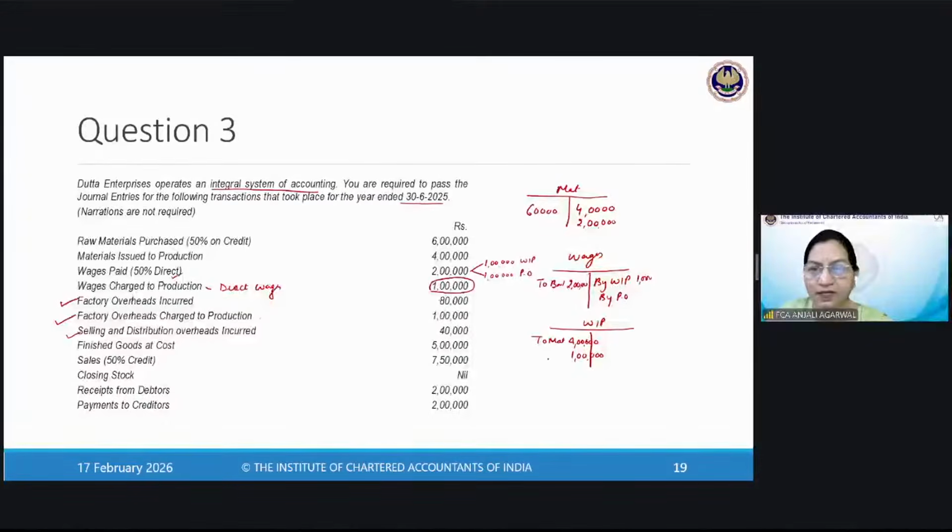Factory overheads charged to production is again 1 lakh. And finished goods moving from here is 5 lakh. Therefore, you have a closing balance of 1 lakh in WIP.